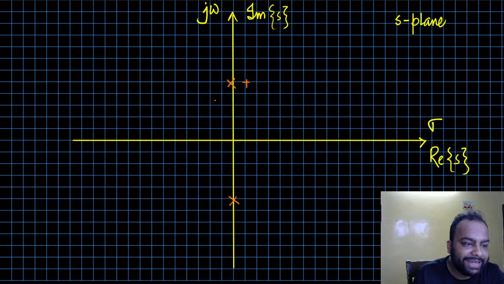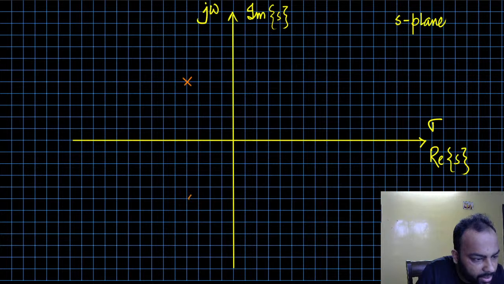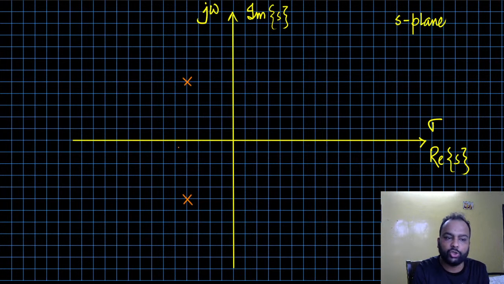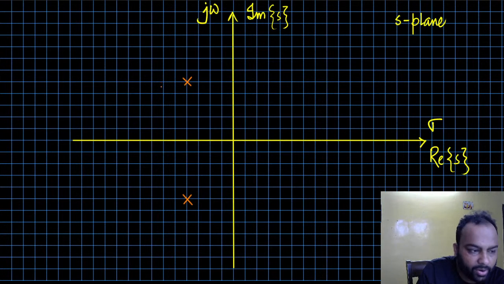Now for underdamped systems, the pole pairs would be somewhere like here, right? Again, complex conjugate pole pairs, so they will be equally apart from the real axis. We derived on that particular scenario, and let me do one thing. Let me just copy the axis because I would need that.